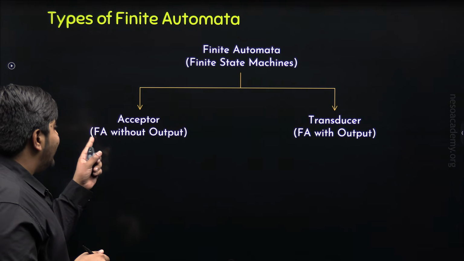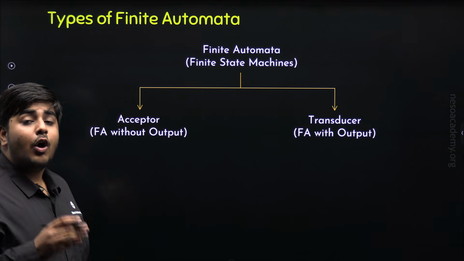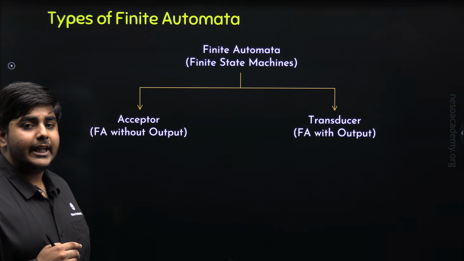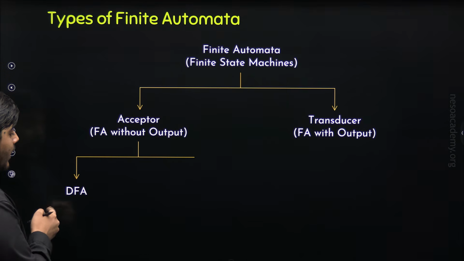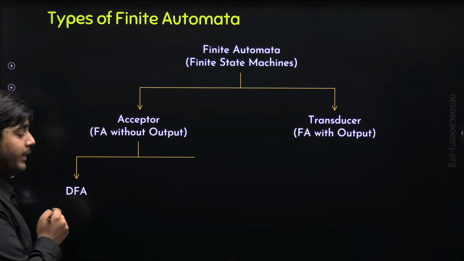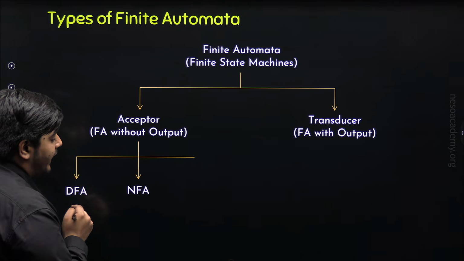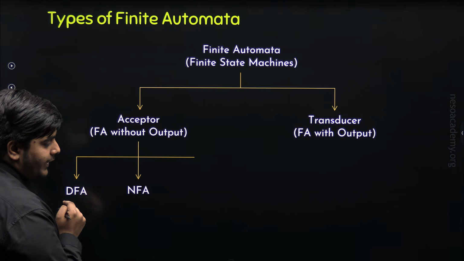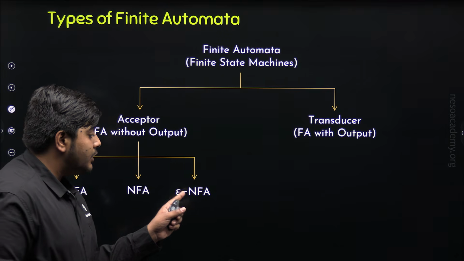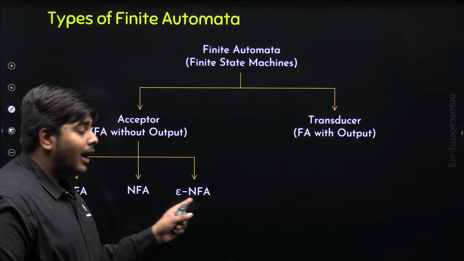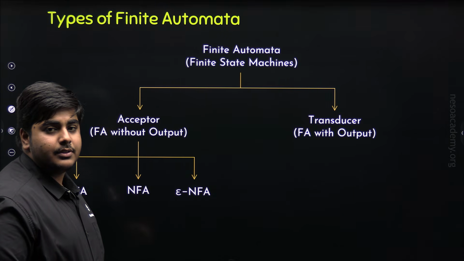Now, finite automata without output also have three types, and these are DFA, which is deterministic finite automata, NFA, which is non-deterministic finite automata, and epsilon NFA, which is non-deterministic finite automata with epsilon transitions.